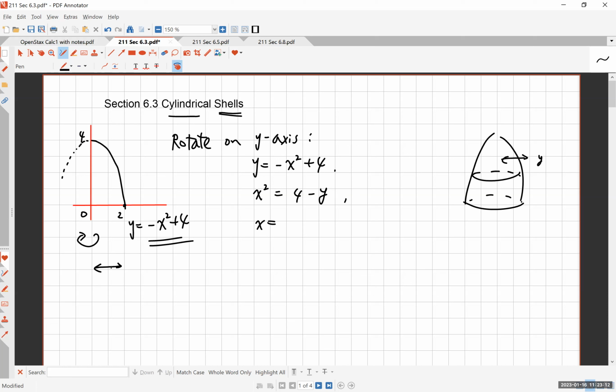We're going in this direction; we are not considering where x is negative. So x is the positive square root of 4 minus y, or 4 minus y to the 1/2 power. No problem here.